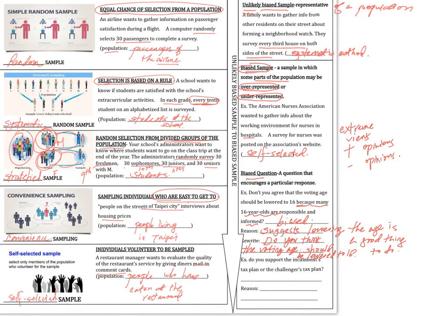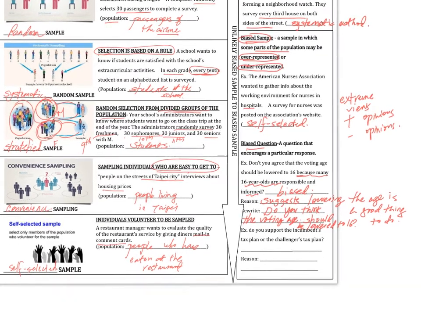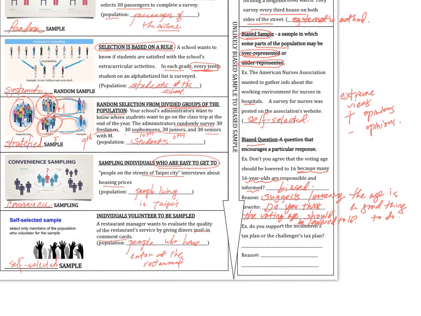Okay. Now, let's look at an example in which the question is not potentially biased. So, do you support the incumbent's tax plan or challenger's tax plan? As you can see, this question does not really encourage a particular answer.